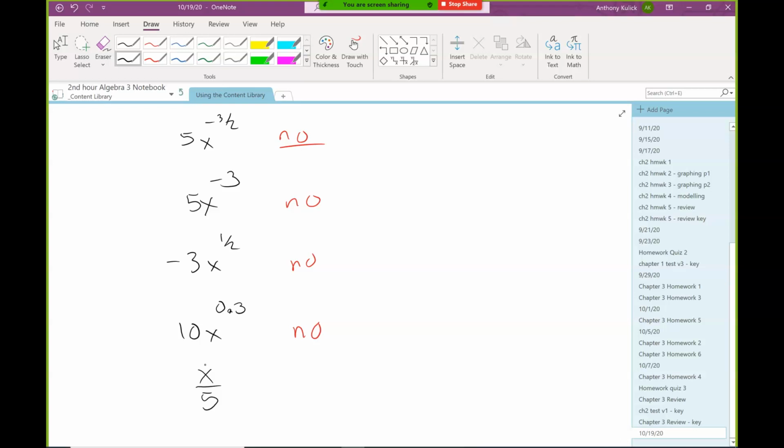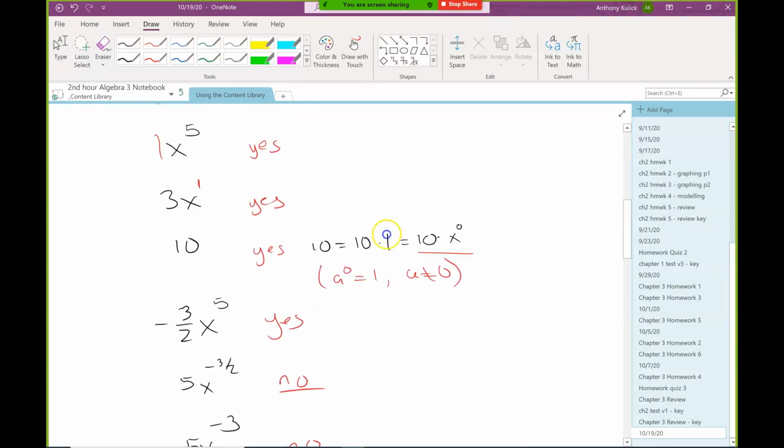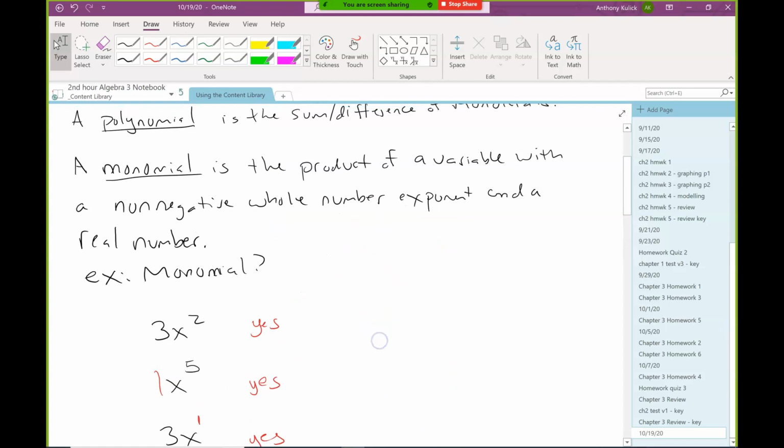What are we unsure about? Is x over 5 the only variable? Correct. What's the definition say? For a monomial, what does it have to be? Okay. So if we go back and look at it, it's the product of a variable with a non-negative whole number exponent and a real number.